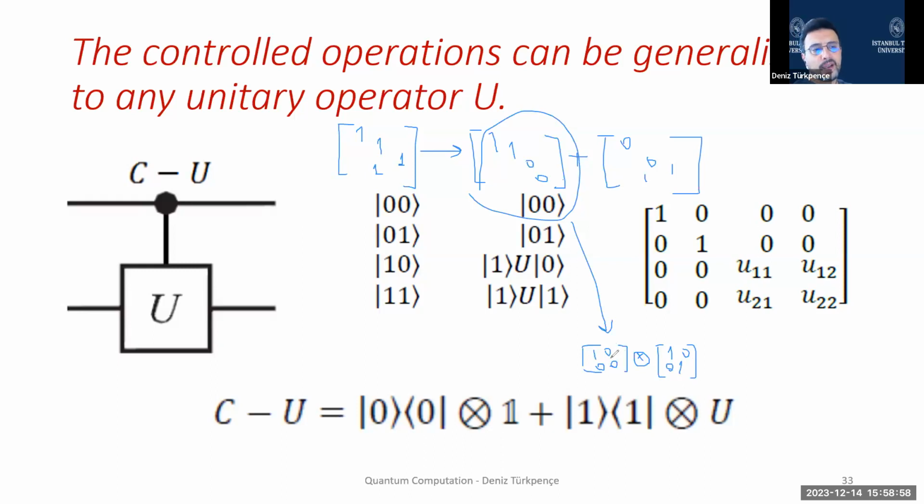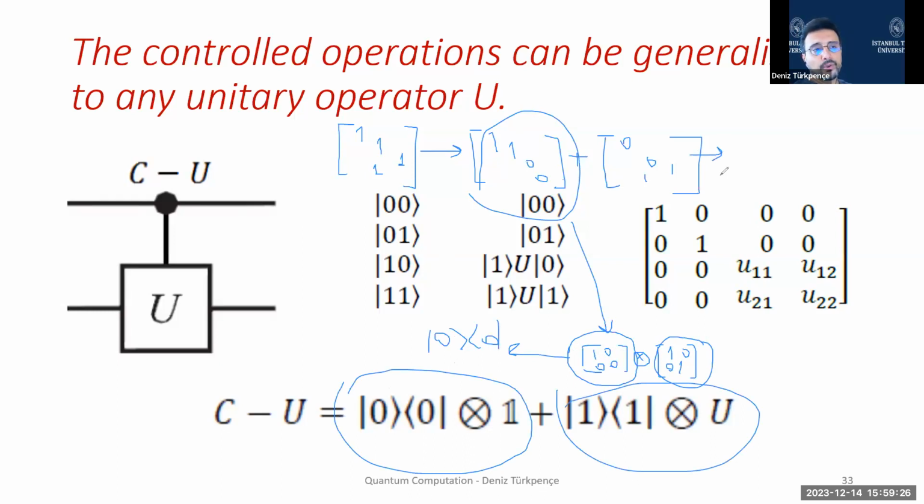You can verify that if you take the tensor product of this with this, you will obtain such a matrix. But you know what this matrix is. This is the outer product of 0 with 0, and this is the identity matrix. Therefore, I can decompose this control operation just like this, plus this one.